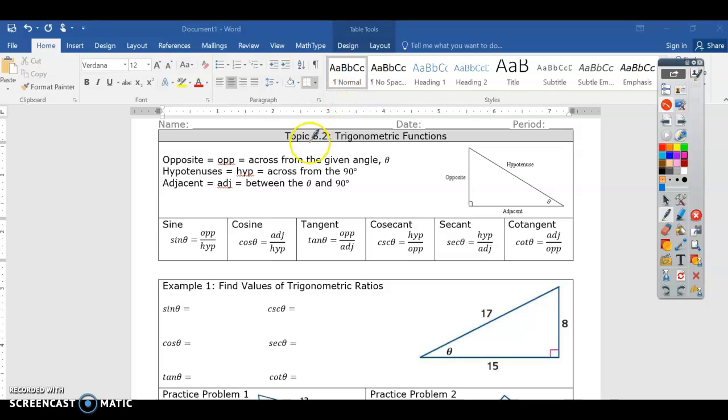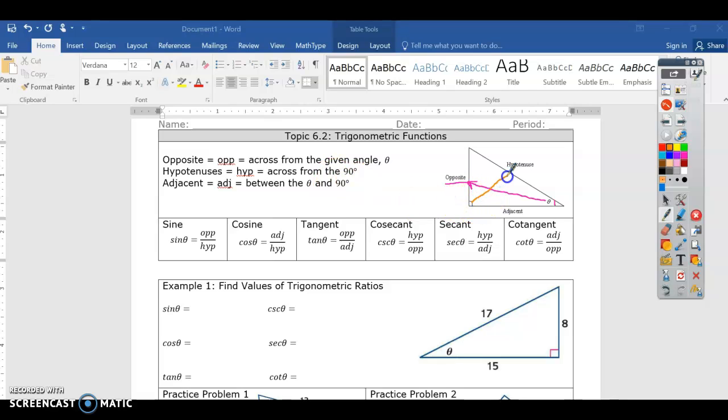The first thing we need to know is how to correctly identify the different sides of a right triangle. Opposite, or OPP, is across from the given angle. If this is my given angle, the side that's opposite is this side. My hypotenuse is across from the 90-degree angle.